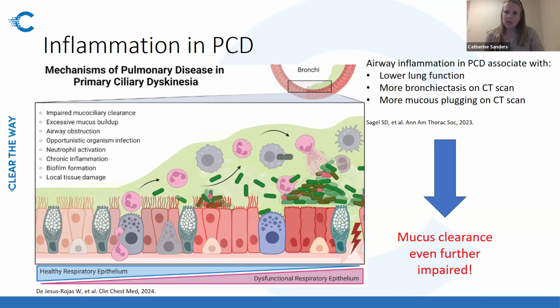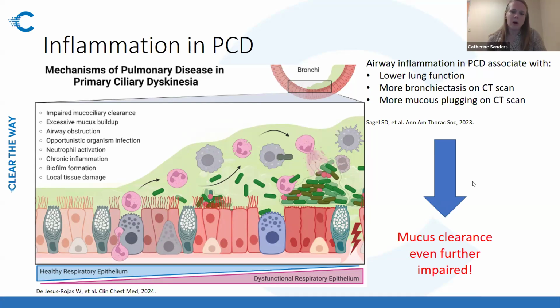Next. So all of this means that mucus clearance gets even more difficult because there's more mucus, because there's more of these inflammatory cells. All of that makes it harder for this mucus to move. So inflammation in the airways is a really big problem in people who have PCD.